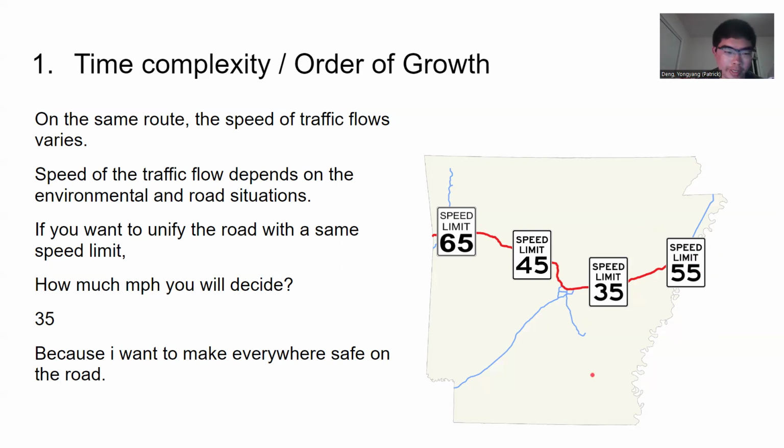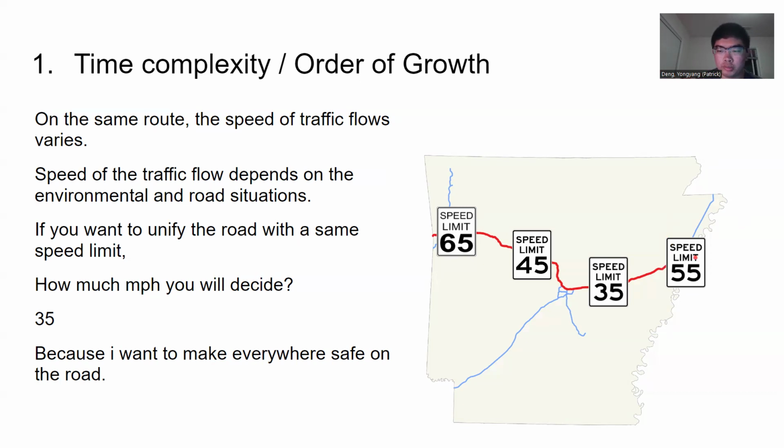I will choose 35, because I have a part of the road that only allows a maximum speed of 35. And for other roads, I have a higher speed limit. That means I can run safely at a speed limit of 35.